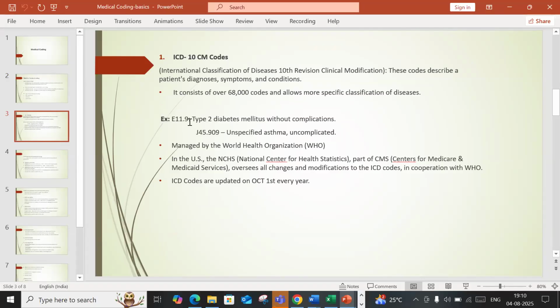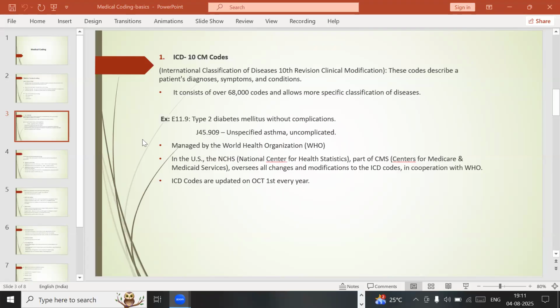The 11th revision is also there, and in future we may use that manual for reporting diagnosis codes, but as of now the manual we use is the 10th revision only.